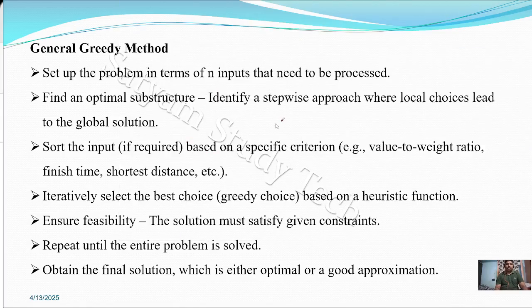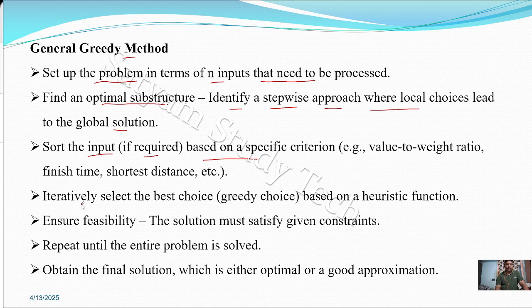Now you can see the general greedy method. These are the steps. Set up the problem in terms of n inputs that need to be processed. Find an optimal substructure. Identify a stepwise approach where local choices lead to the global solution. Sort the input if required, based on a specific criterion.